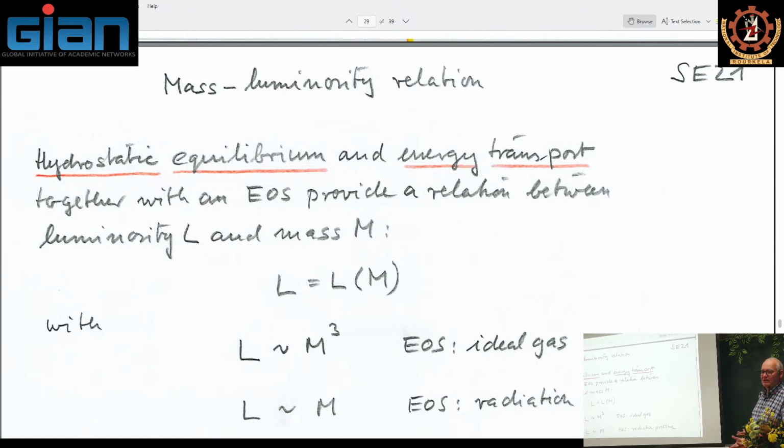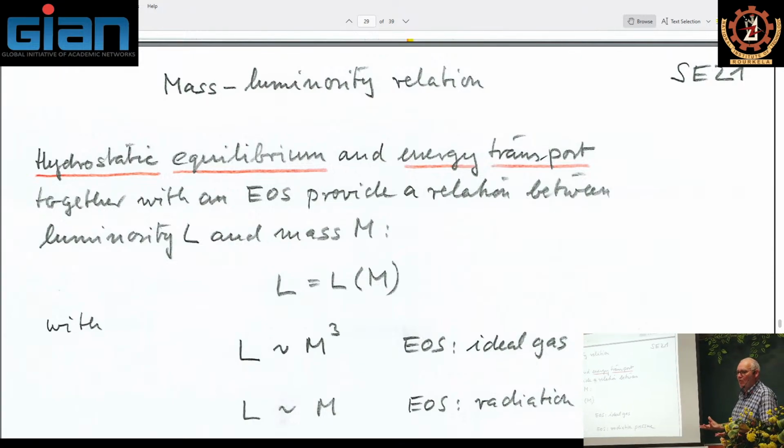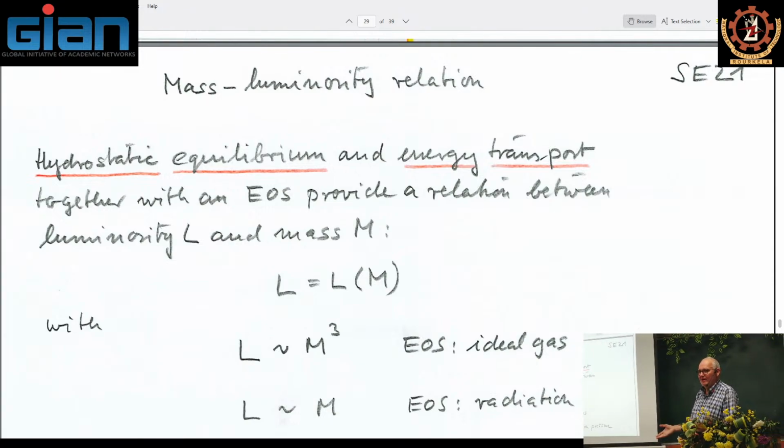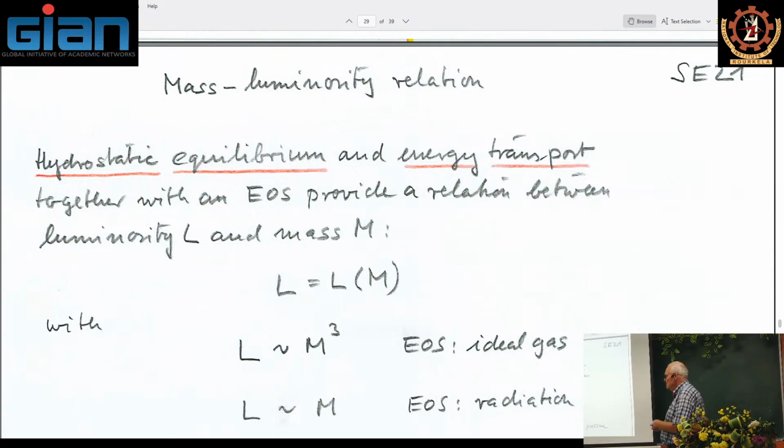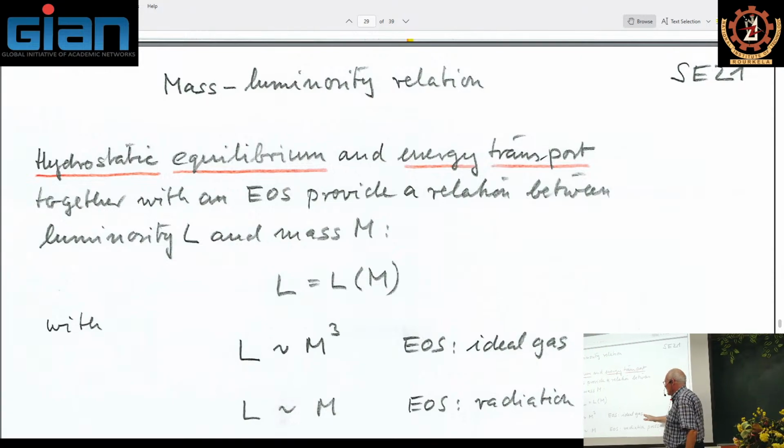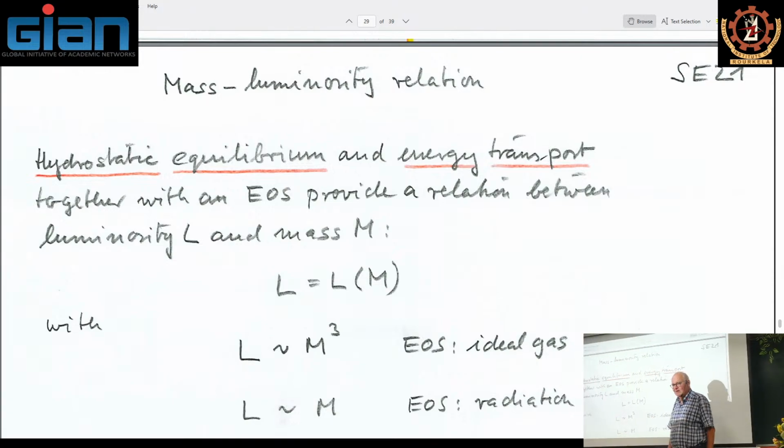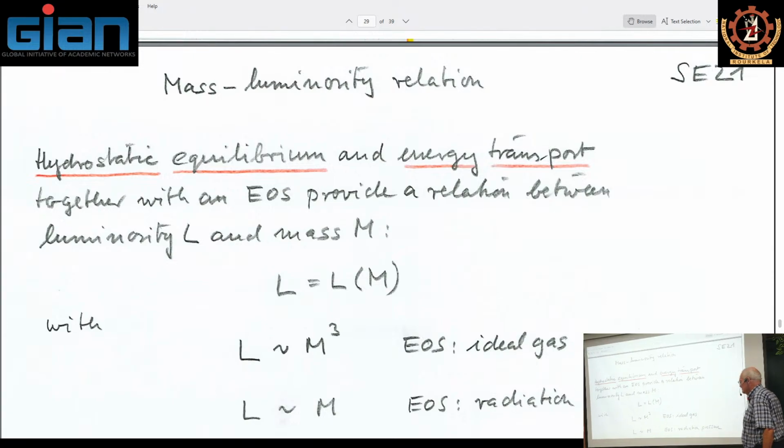The reason is that massive stars are more supported by radiation pressure than by gas pressure. So it's quite reasonable that massive stars show the linear relation between luminosity and mass, whereas low mass or intermediate mass stars show the mass cubed dependence of the luminosity.